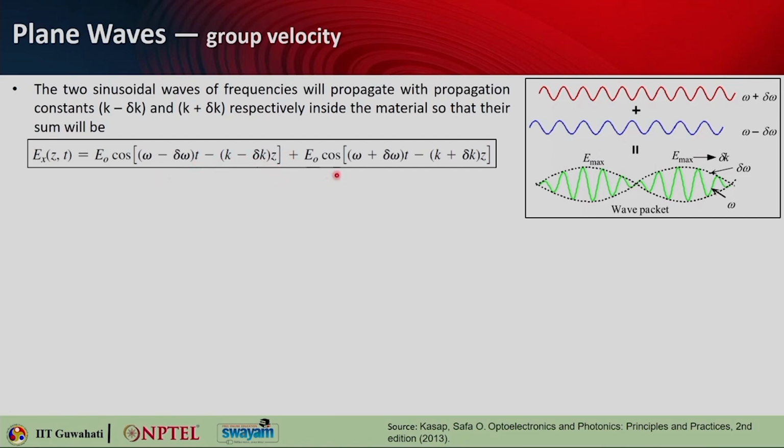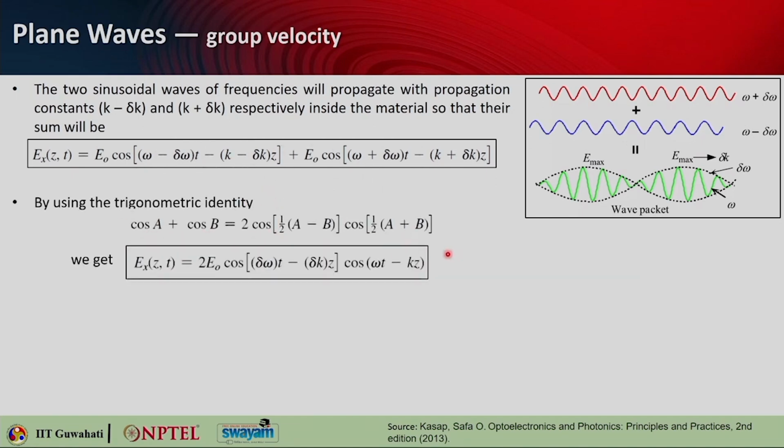The other wave is E naught cos of (omega plus delta omega)t minus (k plus delta k)z. When you add them together, you can use the trigonometric identity for cos A plus cos B, and you finally get 2 E naught cos(delta omega t minus delta k z) times cos(omega t minus kz).